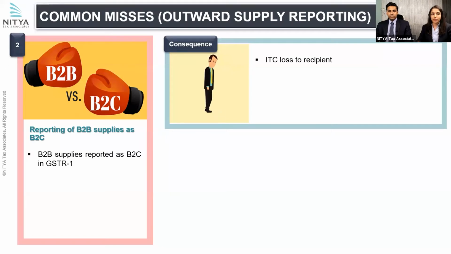However, the B2C supplies which are reported in GSTR 1 are not reflected in GSTR 2A and 2B, according to which the recipient, when filing GSTR 3B and performing the reconciliation basis 2B, will be unable to avail the ITC on such transactions. So there will be a reconciliation issue as well between the books and GST returns.